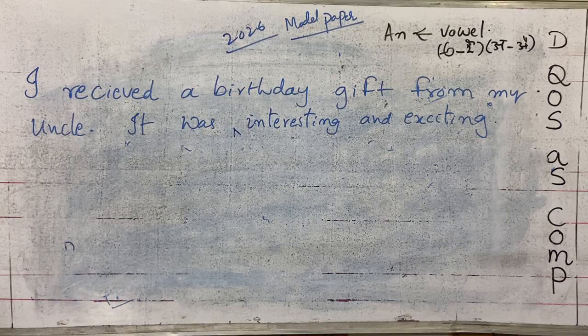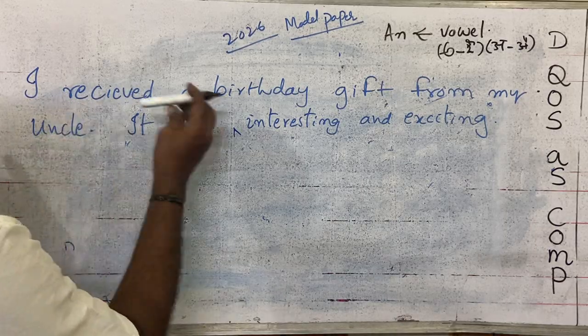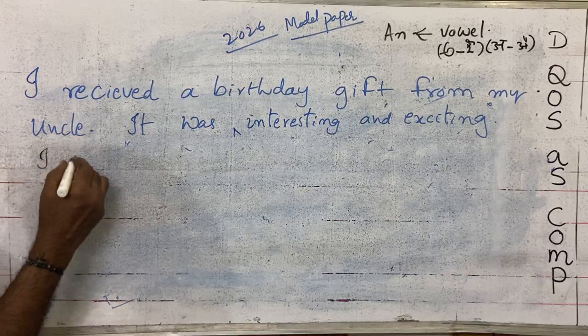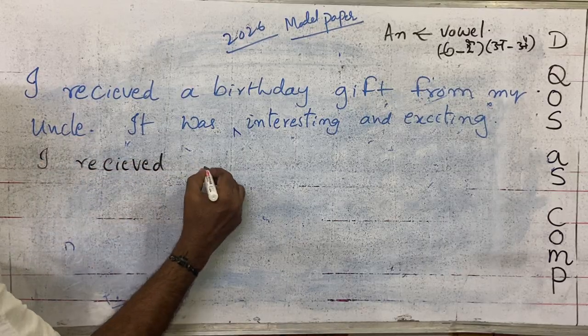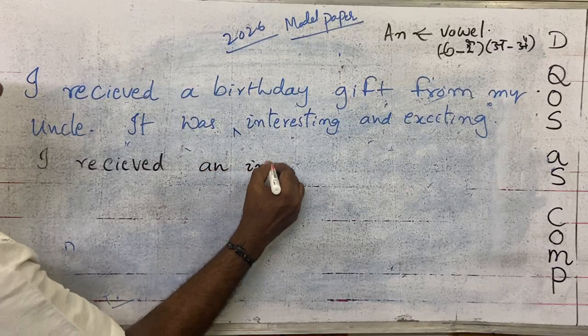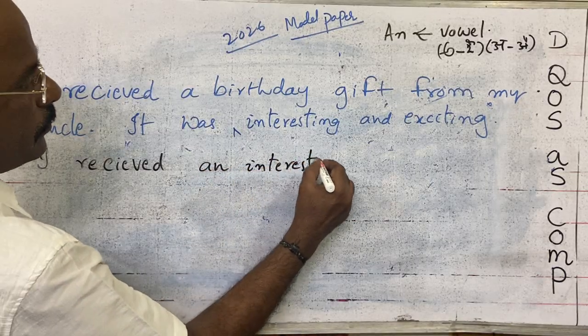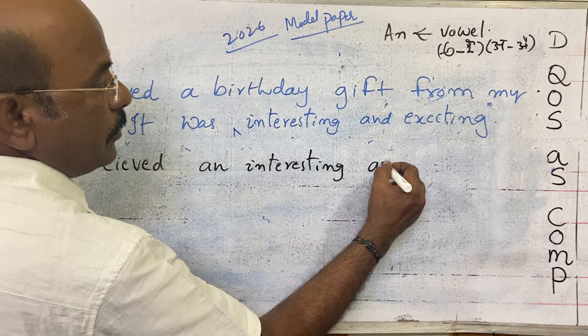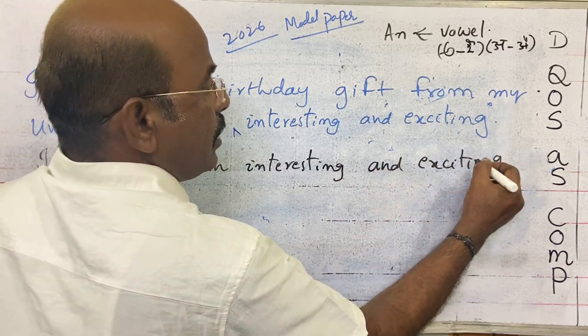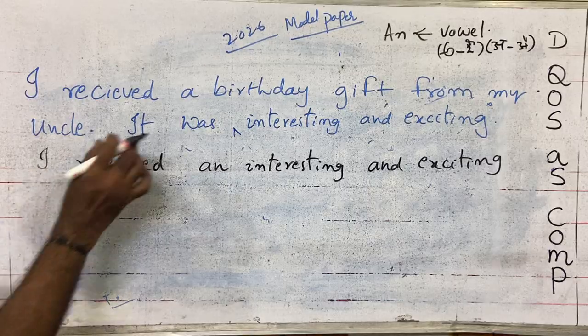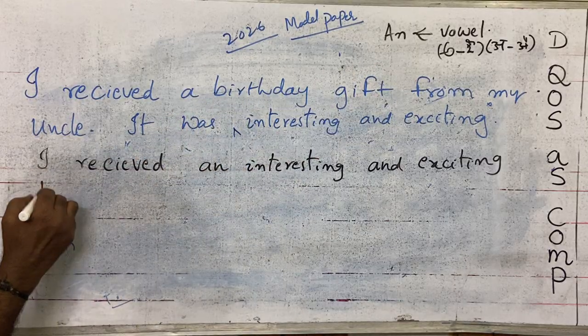Like that we can take here. So, I received an interesting and exciting birthday gift. So now you can take the answer. This is the main phrase: I received an interesting and exciting birthday gift.